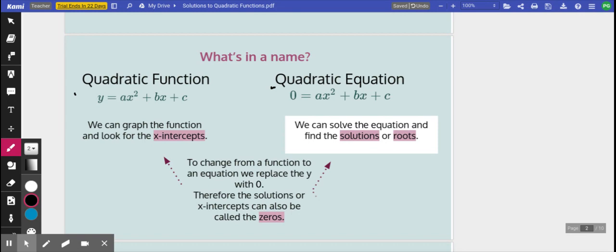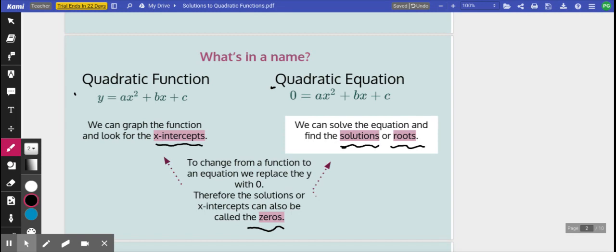There are four different ways to refer to solutions of a quadratic equation. You will hear them called solutions or roots. And then when we talk about the corresponding quadratic function, they're called x-intercepts. They are also called zeros because when we convert a quadratic function to a quadratic equation, we set the y equal to 0.